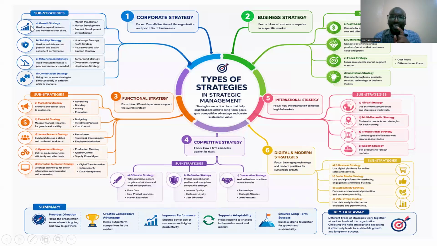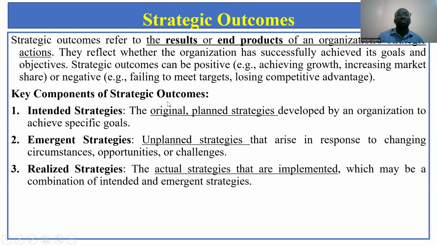We have the business strategy. It's important to understand the business strategy. We have the competitive strategy. It is important to understand that. Then we have the functional strategy. It's very important to cover those 4 strategies. Then the other 2, if we get time, we'll also cover.